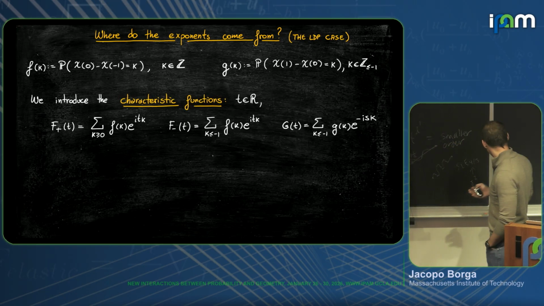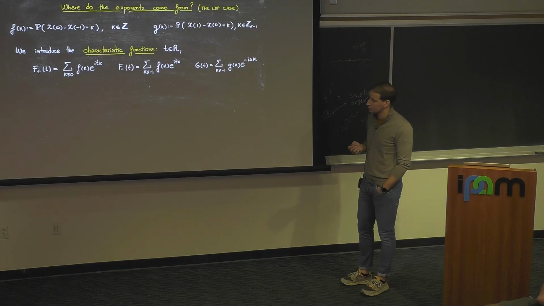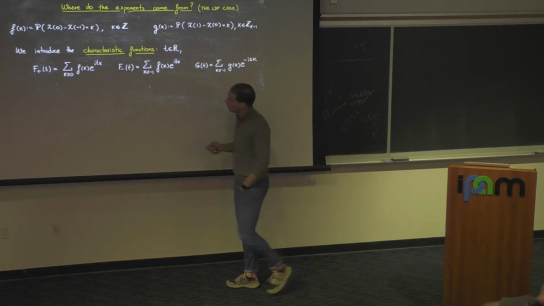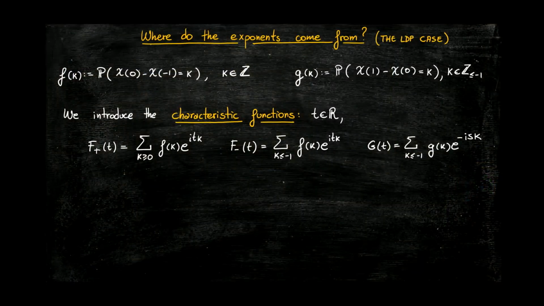And let's introduce, as in this case, the generating functions or characteristic functions of these random variables. I will need to split the characteristic function of F into the positive part and the negative part, and this will play a key role.